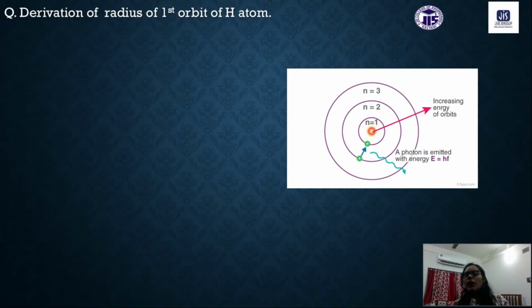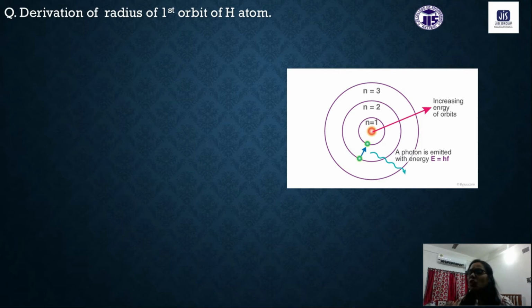Thus Bohr can solve the problem of atomic stability, which we cannot explain with the Rutherford atomic model. The electron will emit or absorb energy only while it changes orbits or energy levels. This sorts out the problem of atomic stability.